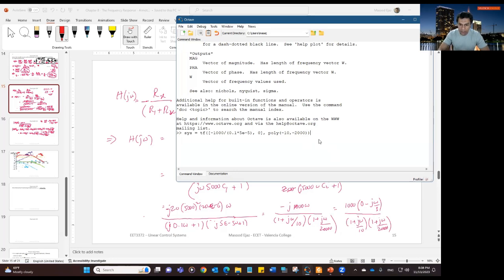Poly and transfer function. Oh, that square bracket is missing. What is that? 0, and this is, okay. Let's see. Too many inputs. Let's see where I'm making a mistake.